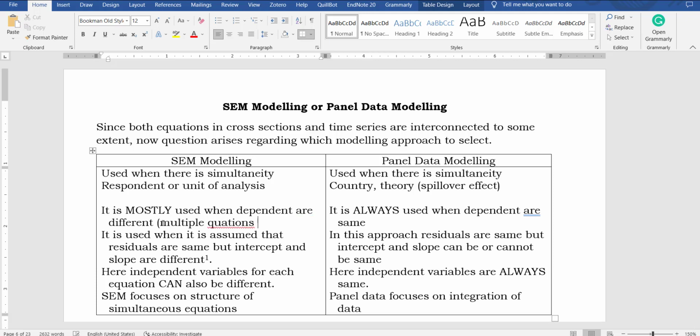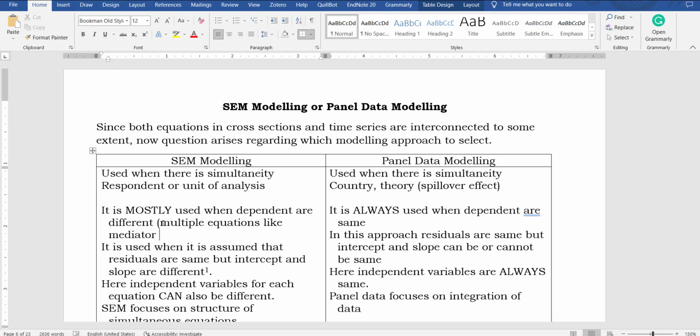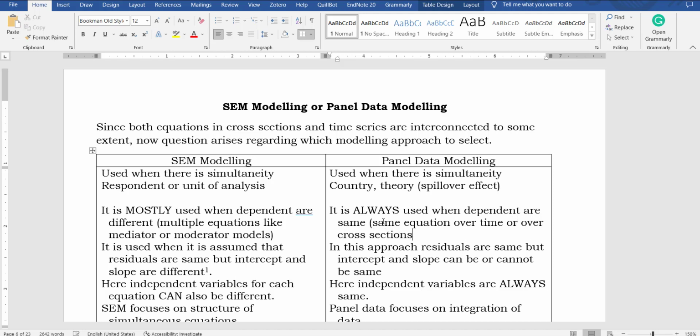Multiple equations, like mediator models or moderator models, and their advanced types. But in panel data, the dependent variable is always the same. It is the same equation over time or over cross sections.